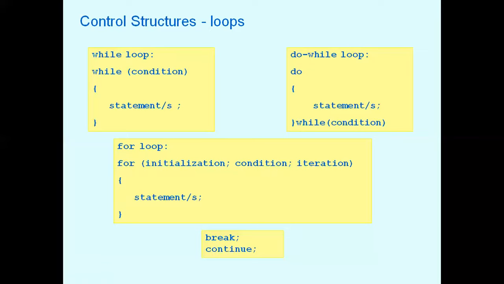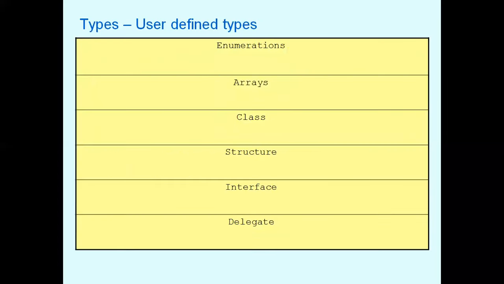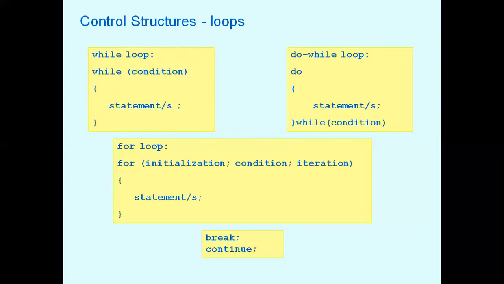I want to stop in the middle only. What can we do? Break. The break statement is used to stop in the middle of the loop. Until the condition is matched, we can keep on continuing. Then what can we use? Continue. Okay. Tomorrow we'll see programs on this with real-time basics.